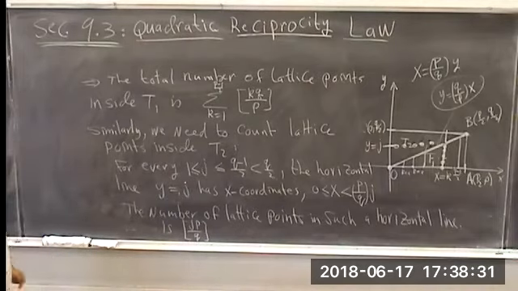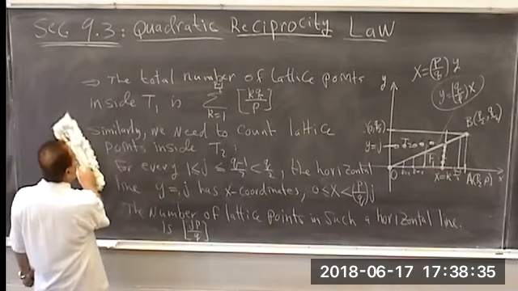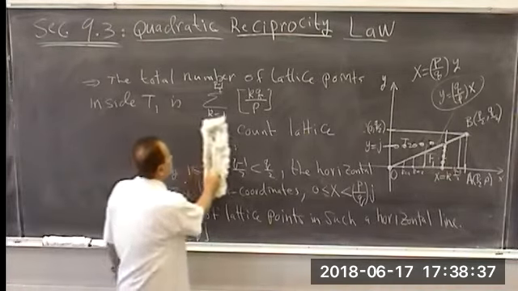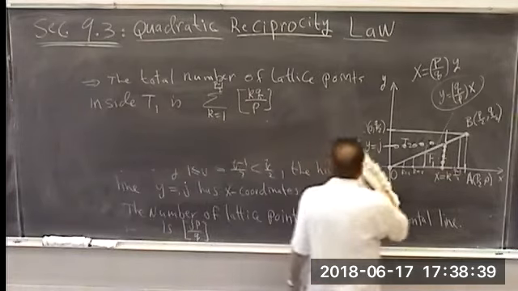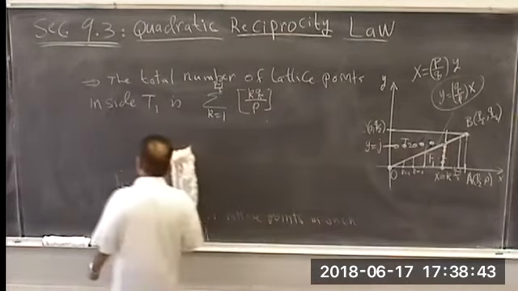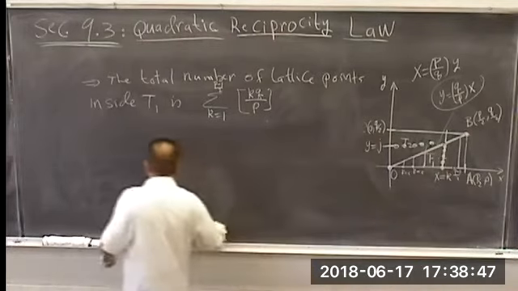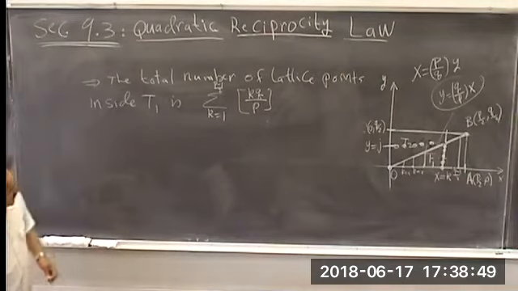Now with this, we can say what is the total number of lattice points inside T2. So we have the formula for T1, and similarly we have the total number.